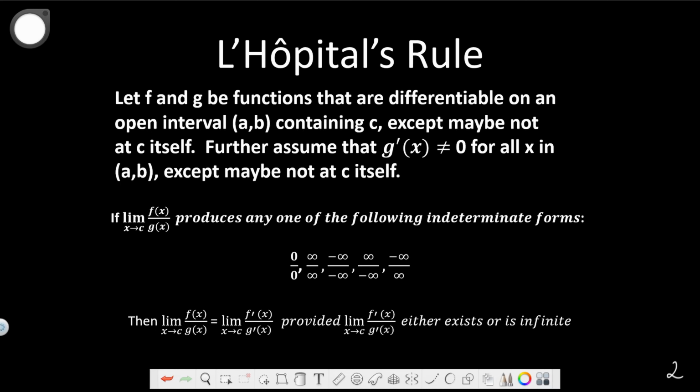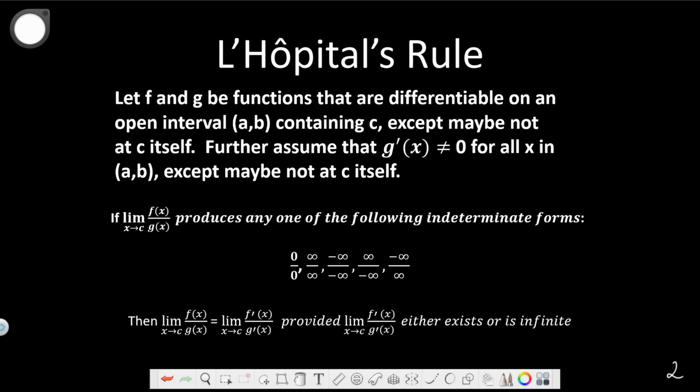Here is L'Hopital's rule. Take a second to read it to yourself. I'm a slow reader, so I just read it, and I figure if I've read it, then hopefully you've read it.